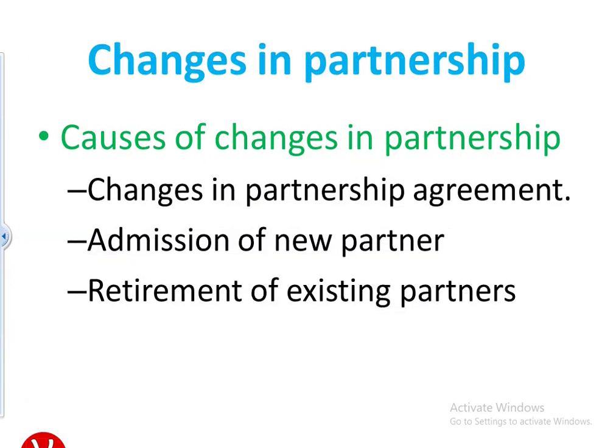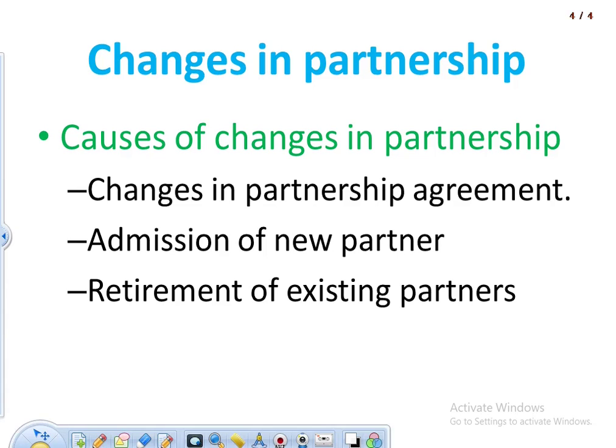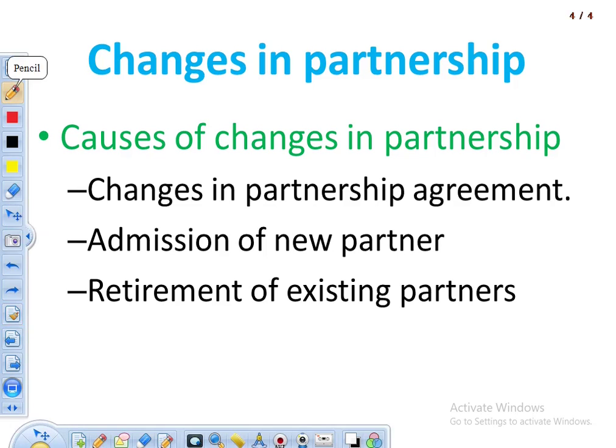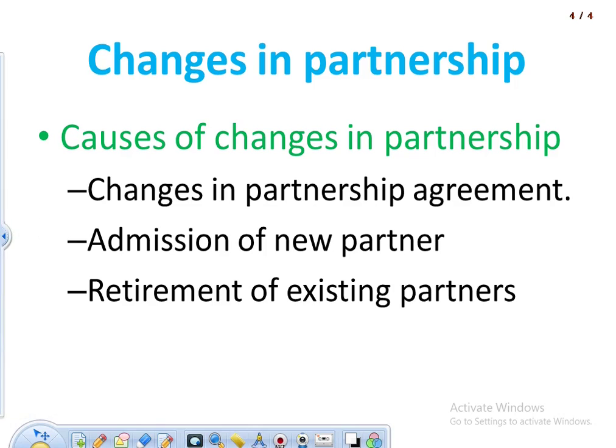Now, let's talk about change in partnership. Change in partnership can be caused in three different ways. The first is when there is a change in the partnership agreement. If we are the existing partners and we think that the profit sharing ratio or any part of the agreement is not right, or we want to make changes, and we make those changes, we call it a change in partnership.